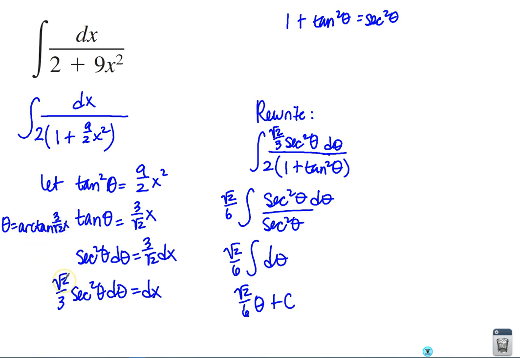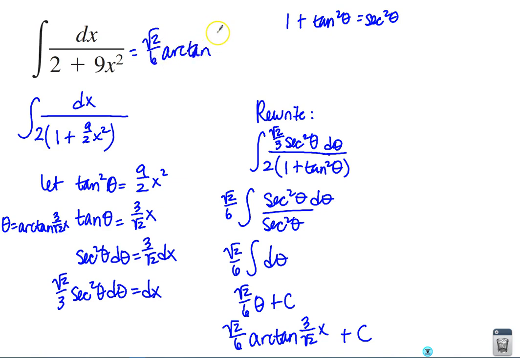So I'm going to bring this over here and say that root 2 over 6 times theta. So I've got root 2 over 6 arc tan 3 over root 2x plus c. Whew, that is a lot. So root 2 over 6 arc tan 3 over root 2x plus c.